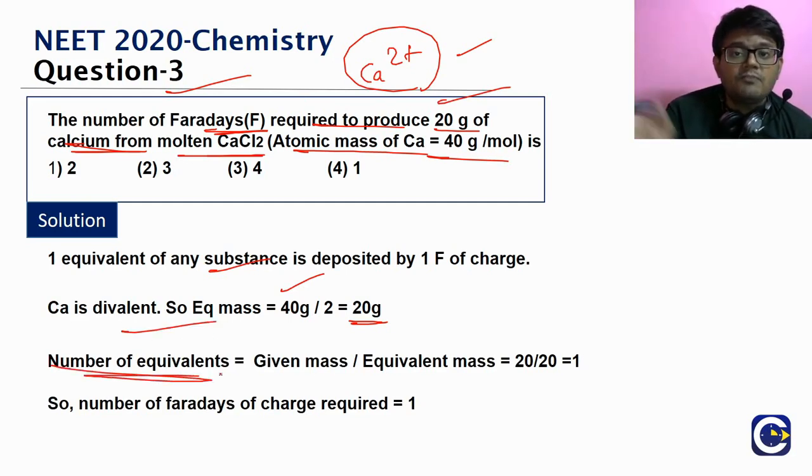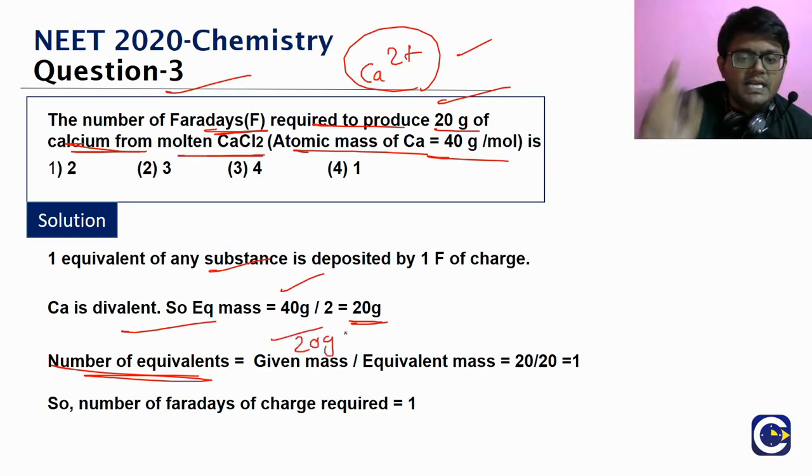How do you find the number of moles of a substance? Given mass by molar mass. How do you find the number of equivalents? Given mass by equivalent mass. The mass that we are looking to produce is 20 grams, divided by the equivalent mass, which we just calculated as 20. So 20 by 20 is 1. So the number of equivalents of calcium is 1.